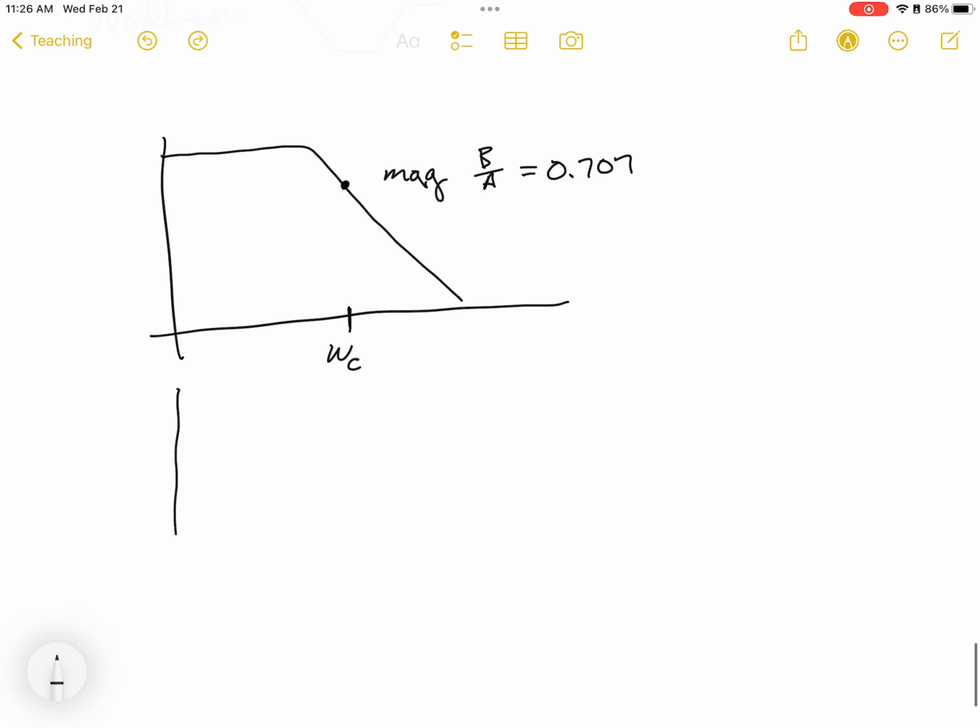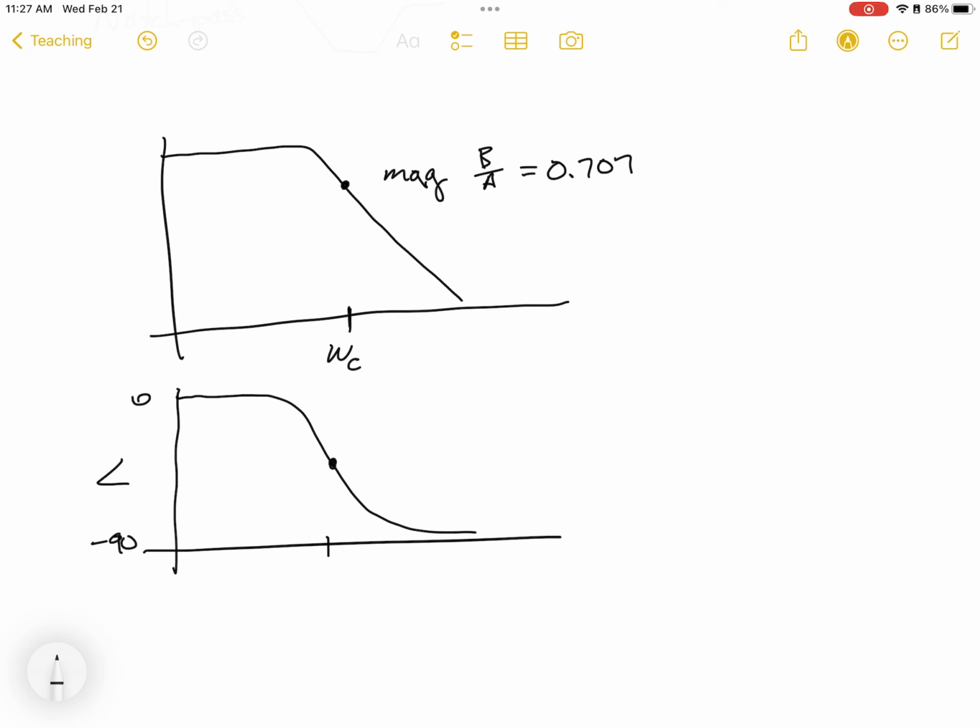We've been talking about magnitude plots, but we also have the phase plots, which often look like this. And at that cutoff frequency is where you're going to get this midpoint, where often with these systems you'll have 0 up here and negative 90 degrees or negative 180 degrees, depending on your system, down there.